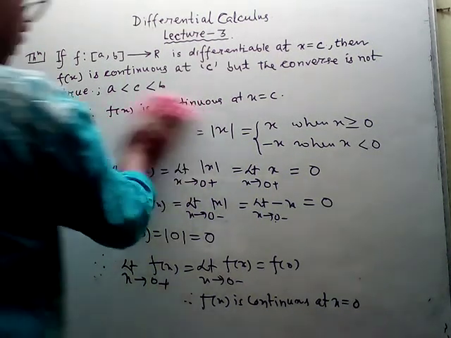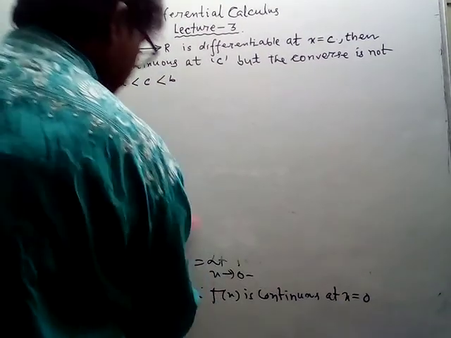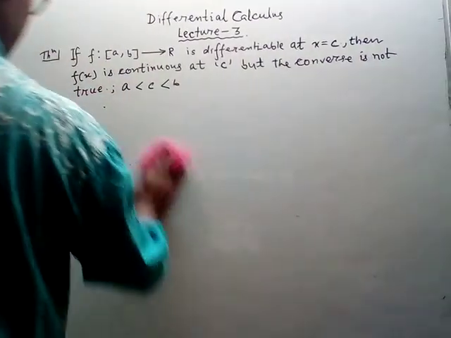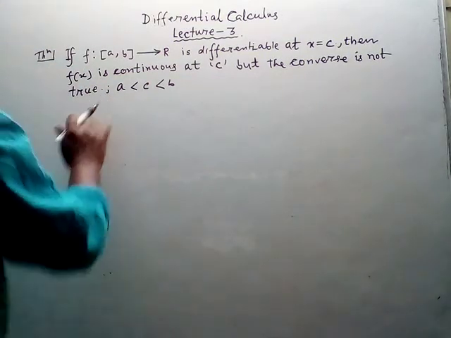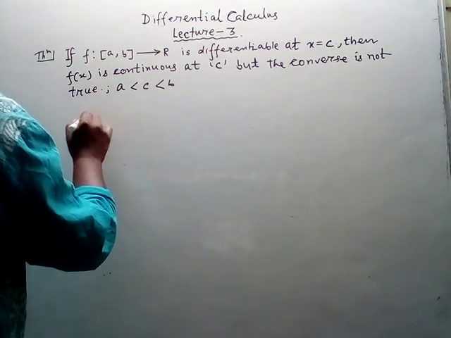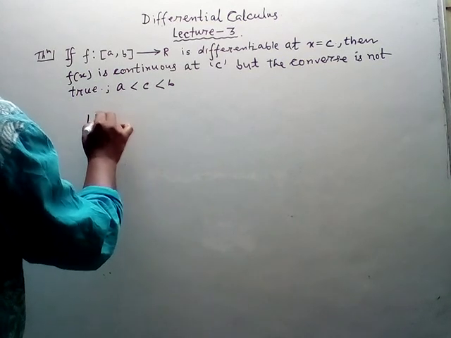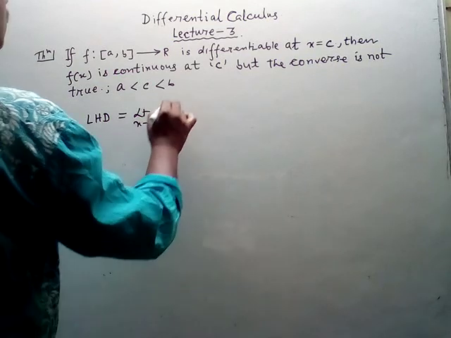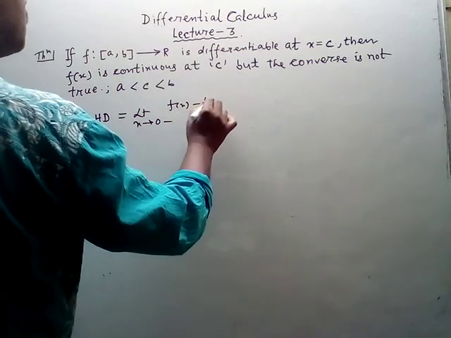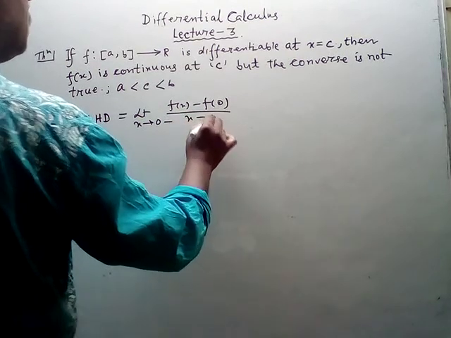Now we have to show that modulus x is not derivable at x equals 0. To prove this, the left hand derivative is the limit x tends to 0 minus of (f(x) minus f(0)) divided by (x minus 0).